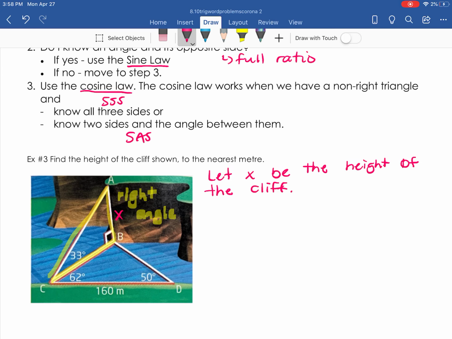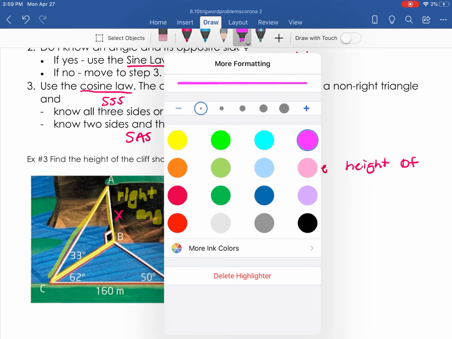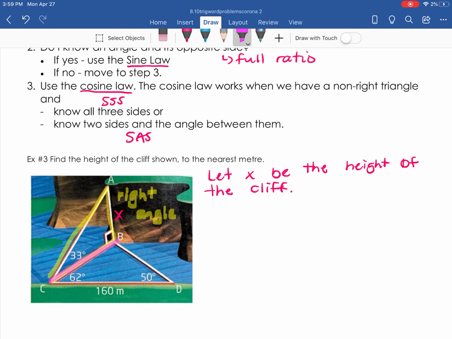So what would be great is if we could use the bottom triangle and solve for this side here, BC. Let's try to solve for that side.